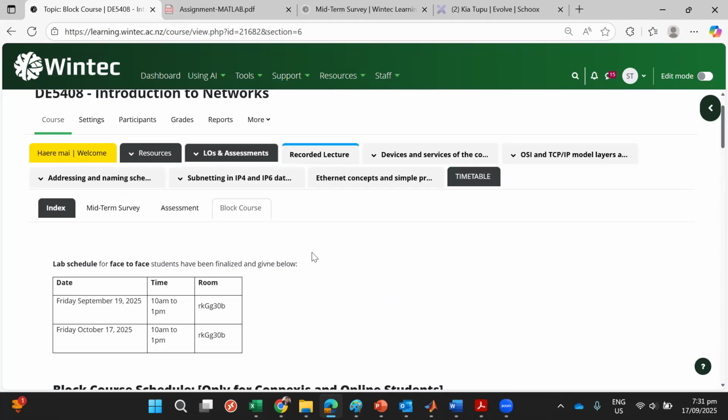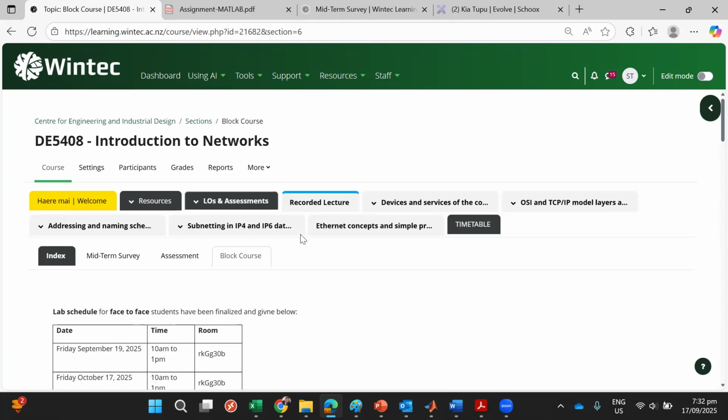Today's lecture is really important for this lab, because most of it is based on IPv4 and IPv6, which are learning outcomes 4, 6, and 7. We started covering those in the last class, and today's class is not the only one. During the block course or the lab, I will give you a brief introduction to the lab, which will be helpful. But if you practice today's lecture, that will be easy for you.